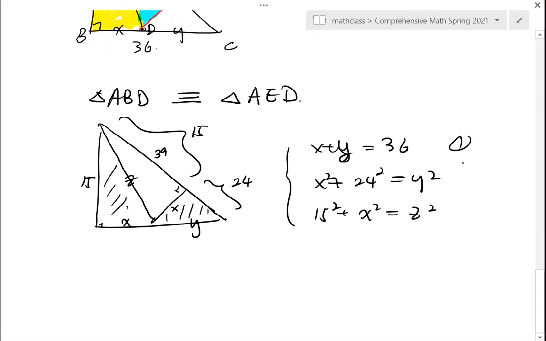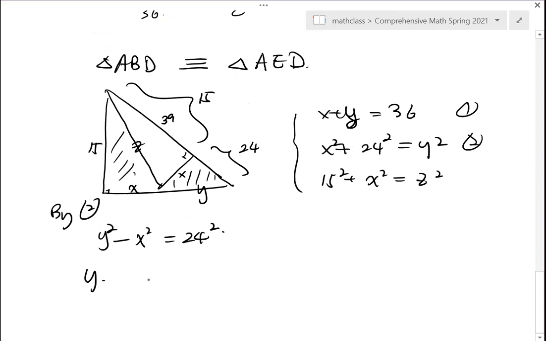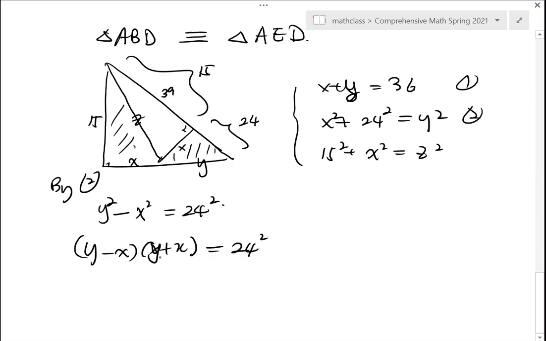So from equation 1 and equation 2, Y squared minus X squared equals 24 squared, that's by equation 2. And then this is (y minus x)(y plus x) equals 24 squared. Y plus x we already know is 36. So that's going to be 24 squared over 36.